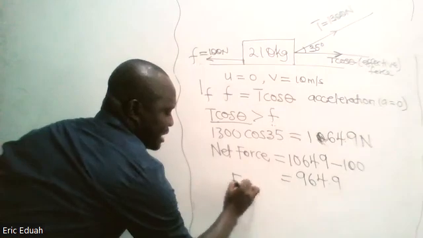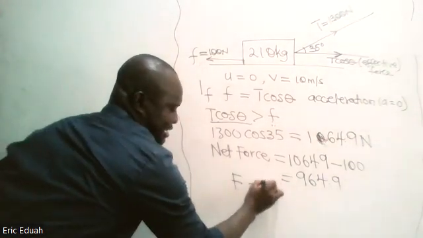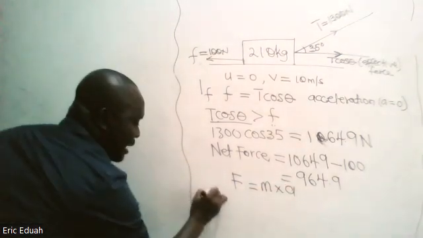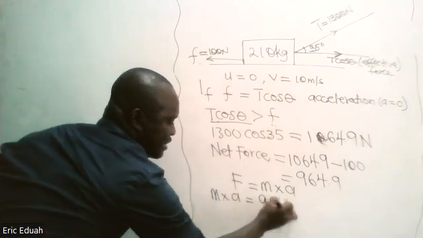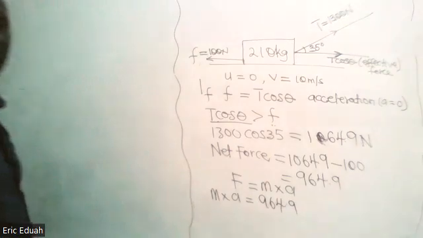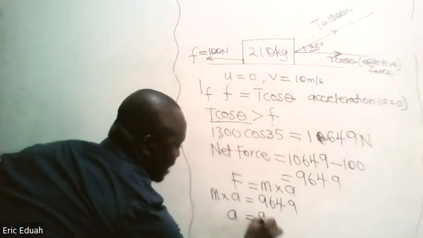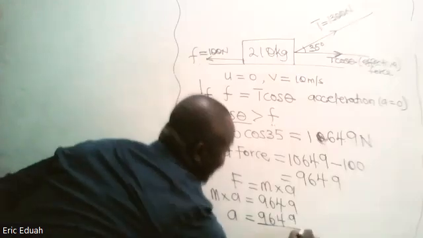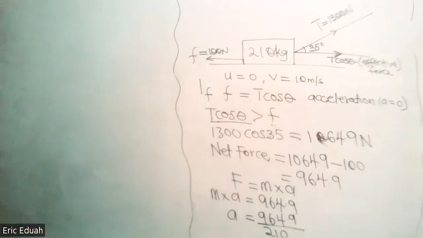Newton's second law is saying that every force is measured by its mass times the acceleration. So m times a is equal to 964.9. We were given the mass of the body. So the acceleration becomes 964.9 divided by the mass, which is 210.